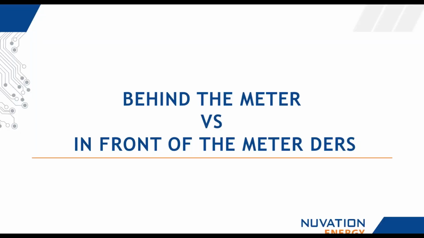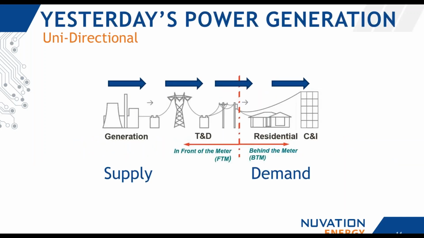Let's get an understanding of what we mean by in front of the meter and behind the meter. In the traditional power generation system, we have centralized generation resources. They provide the energy for the demand side, the customers, and the commercial and industrial applications.